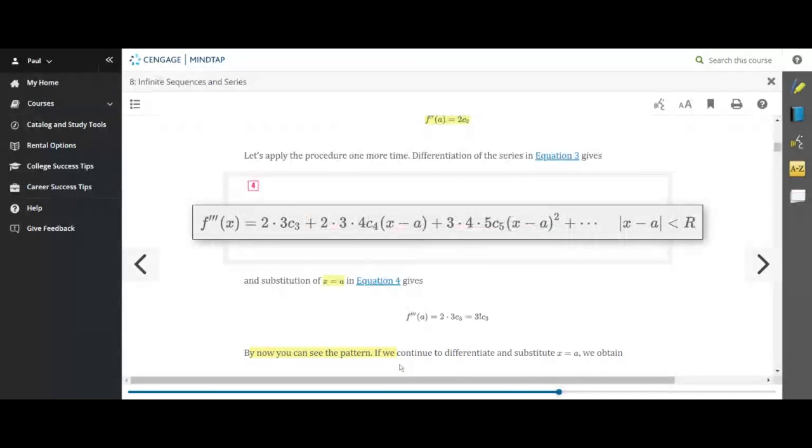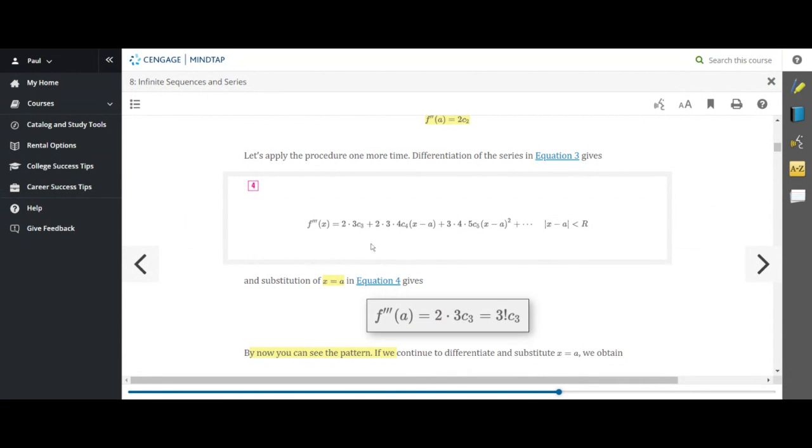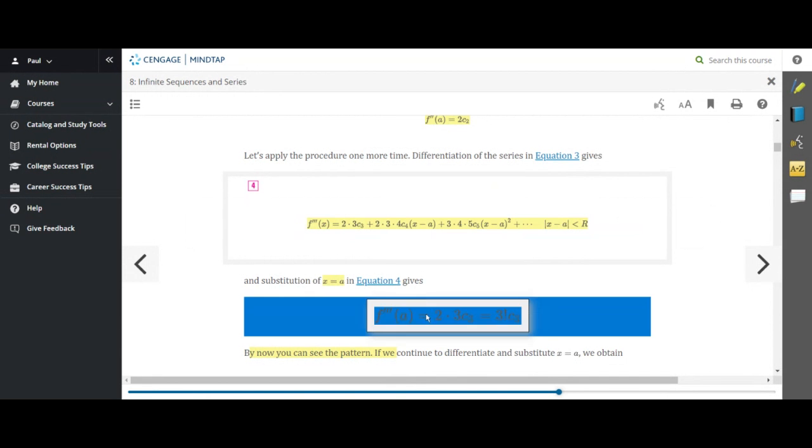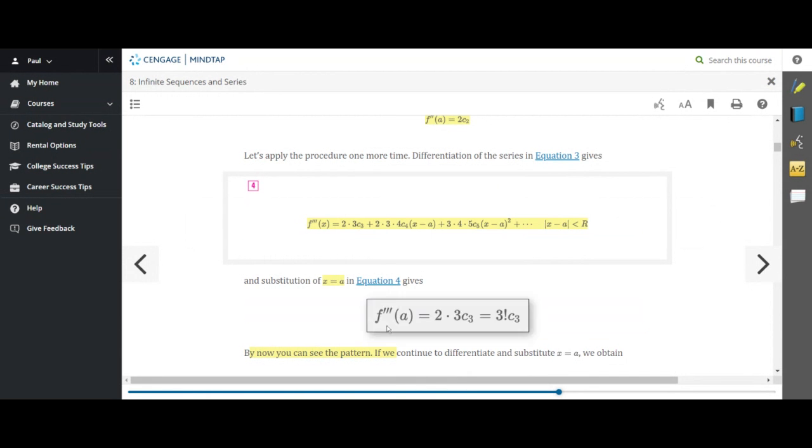You see, we can take the third derivative, and then it'll turn out that when we substitute in x equals a into the third derivative, the third derivative of the function evaluated at a just equals 3 factorial times c3.